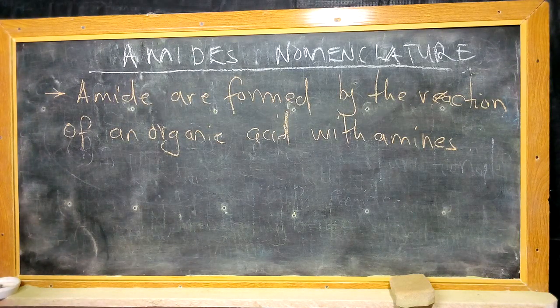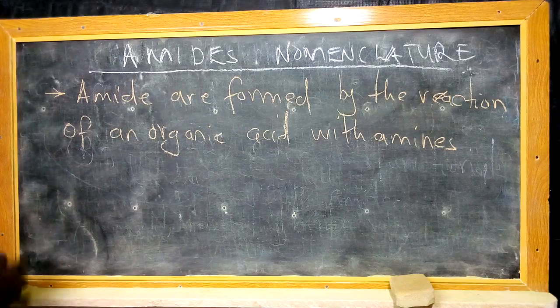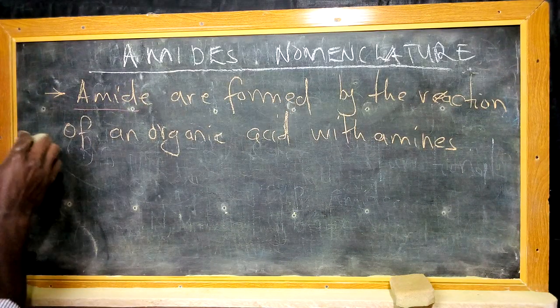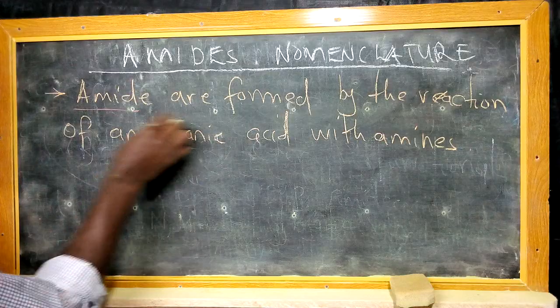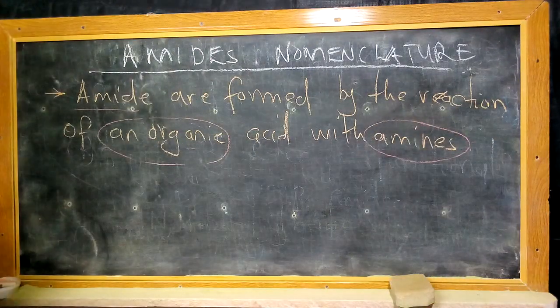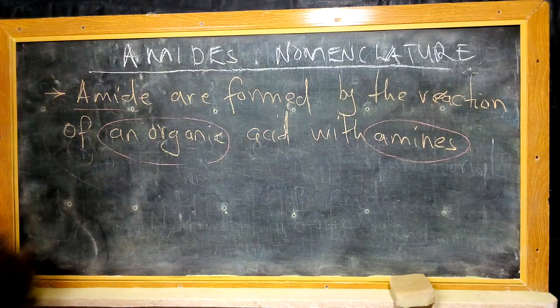So it will be essential for us to give these two concepts that we have said. These are the amides we are discussing. They are formed by the reaction of an organic acid with the amides. Let's try to look at the functional group for this particular class of organic compounds.